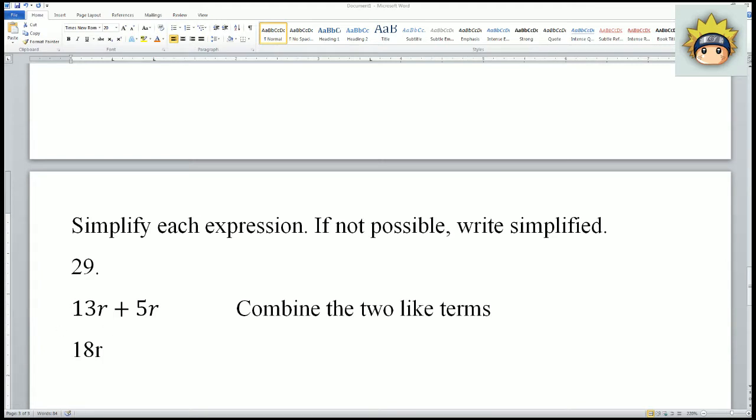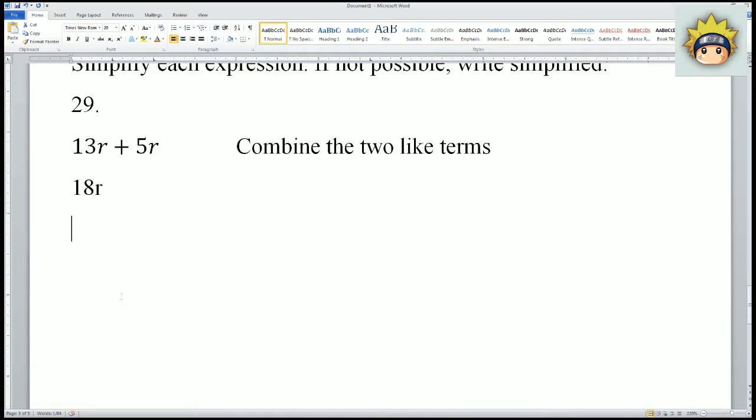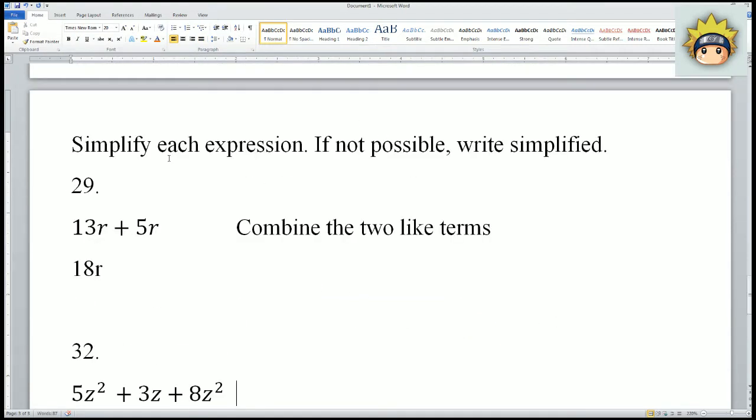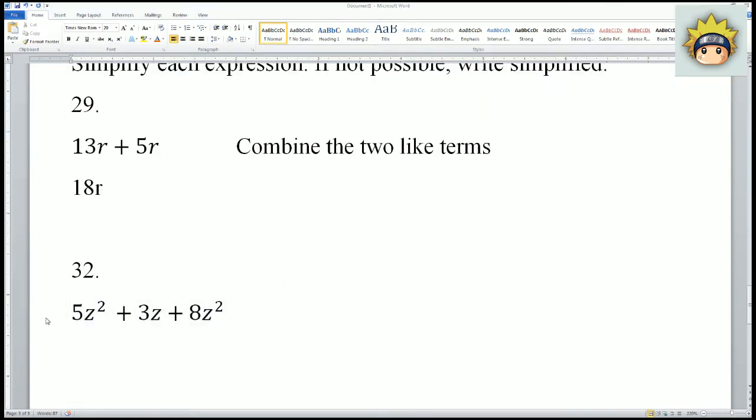After 29, we go to 32. 32, same thing. 32 is asking us to simplify each expression. If not possible, just write simplified. I have 5z squared plus 3z plus 8z squared. What I'm going to do is rearrange, and when I rearrange things, we call that the commutative property.